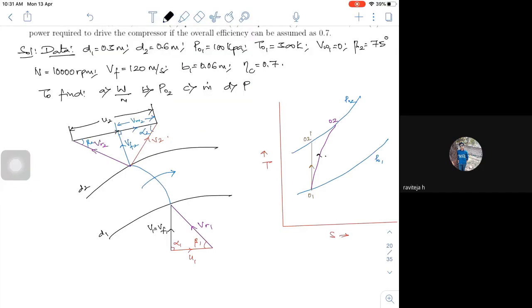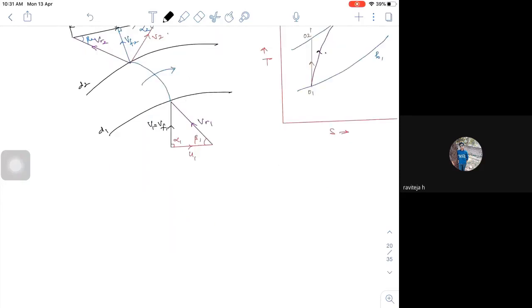Okay. Now, as D1 and D2 are given, I can calculate the corresponding peripheral velocities at inlet and exit. U1 is equal to pi D1 N by 60.